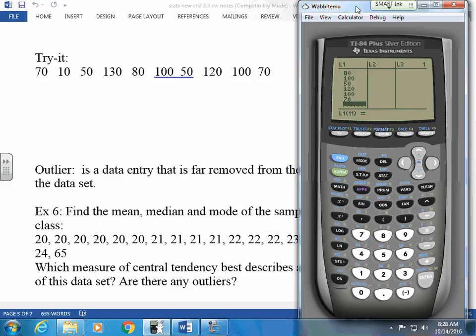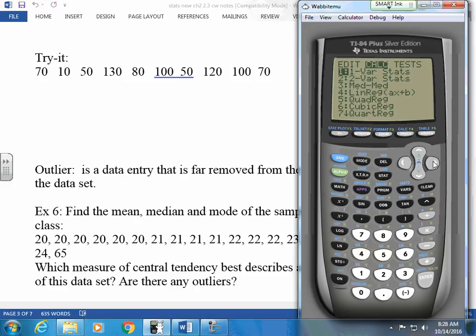Okay, so, how do I get mean, median, and mode? Stat, calc, and calculate.